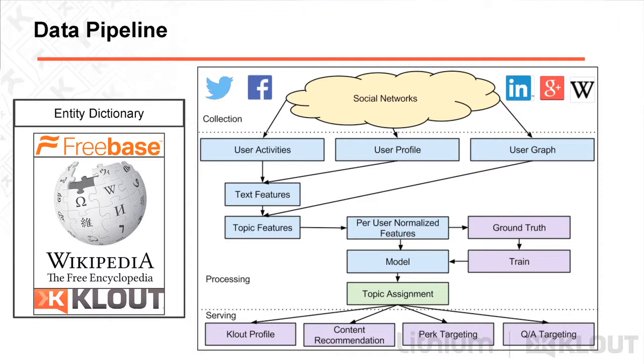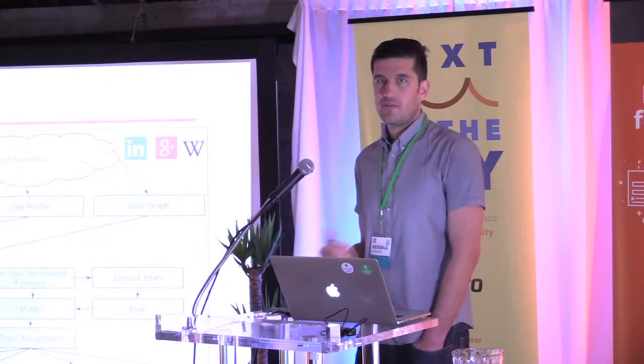As we mentioned before, we collect data from Twitter, Facebook, Google+, and Instagram. We also incorporate Wikipedia mappings for the users that have Wikipedia pages. Then we collect user activities, user profiles, and user graph information. All that collected data is extracted into text features.